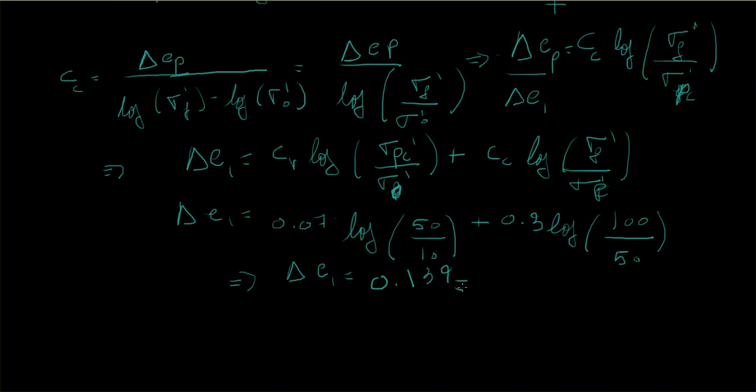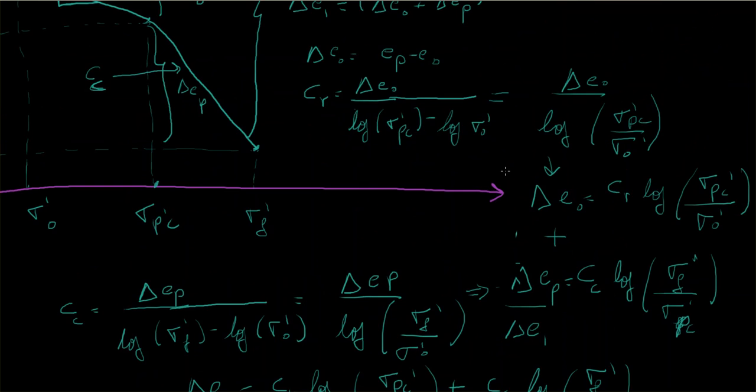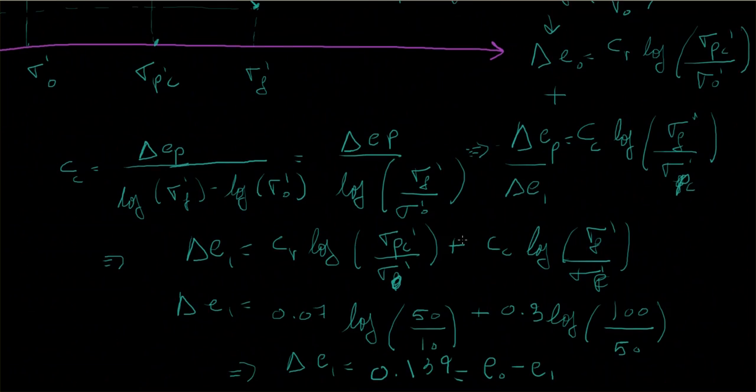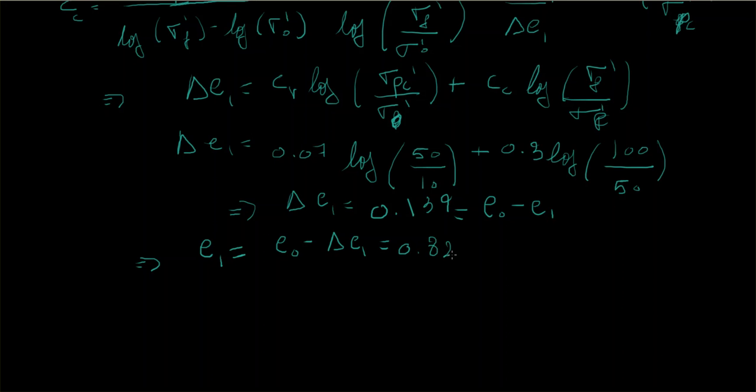That is equal to E naught minus E1. So E1 equals E naught, given as 0.821, minus delta E, which is 0.139, giving us 0.682. This is the void ratio at the end of stage 1.